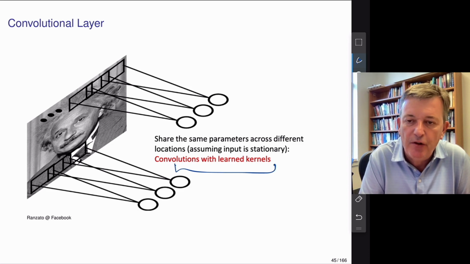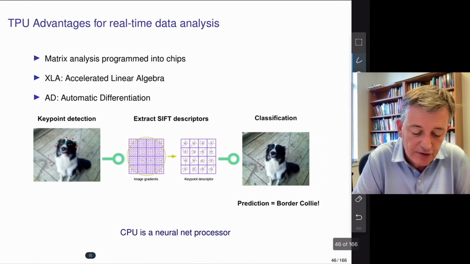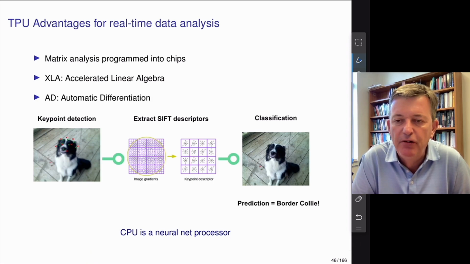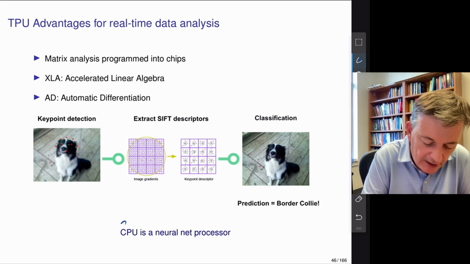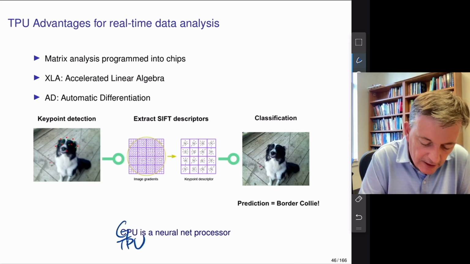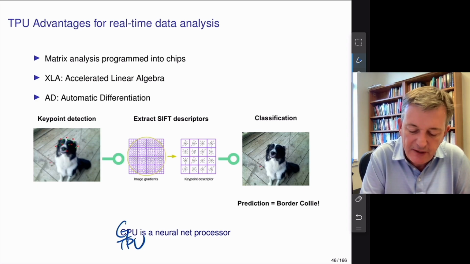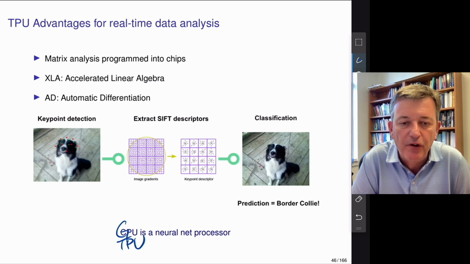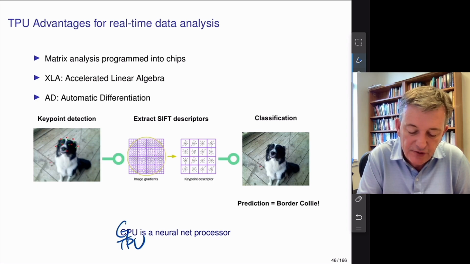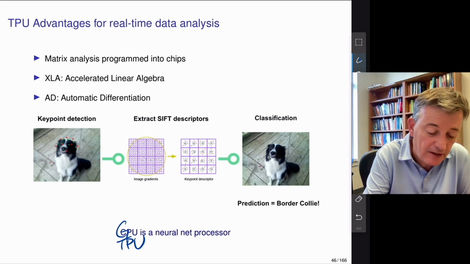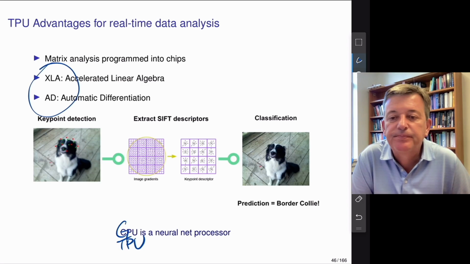And as I said, convolutional neural networks are the architectures to look at. I think I said something a few slides ago about GPU and TPU; actually I should really have them as the neural net processors. Essentially, I look at an image, I want to identify whether that's a border collie or not. Essentially, I look at image gradients and I look to see where the image changes, and that helps me figure out what breed of animal it is.